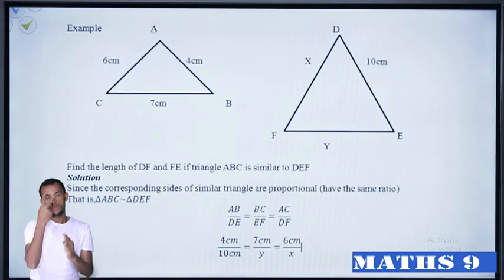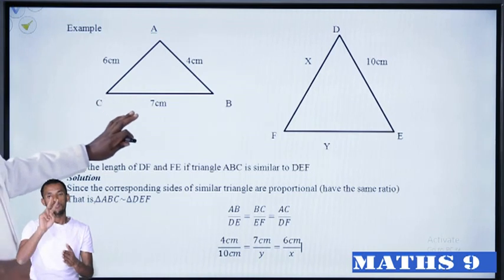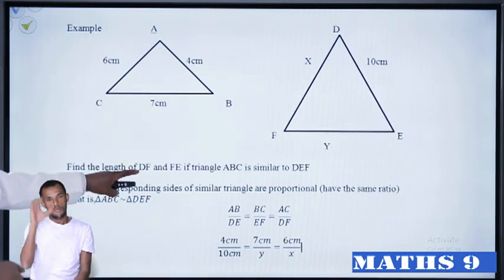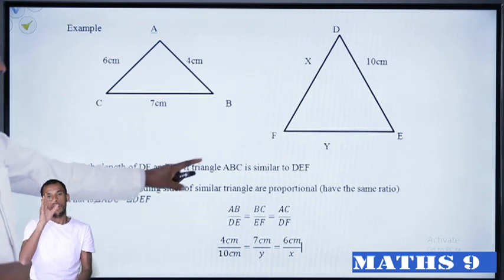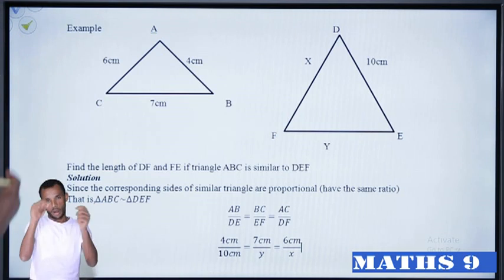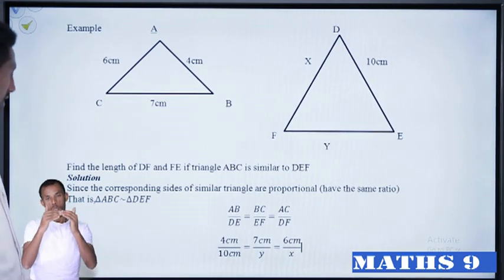So let's explain this similarity using an example. Here we have two triangles which are similar. Find the lengths of DF and FE if triangle ABC is similar to triangle DEF. If they are similar, meaning the corresponding sides are proportional.